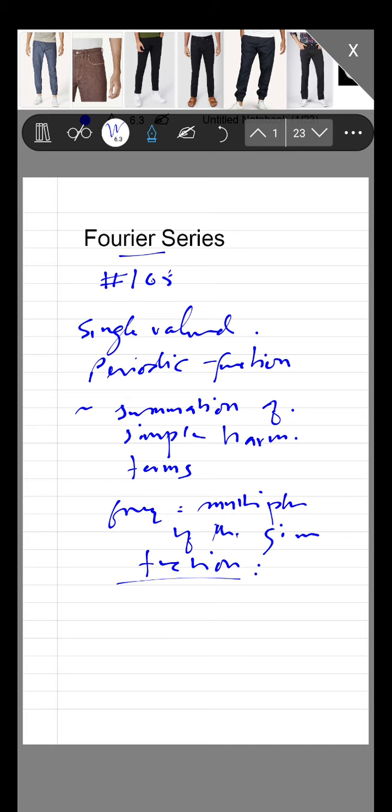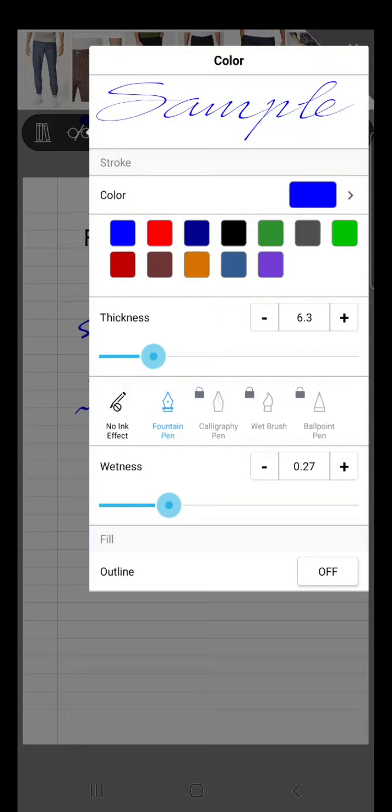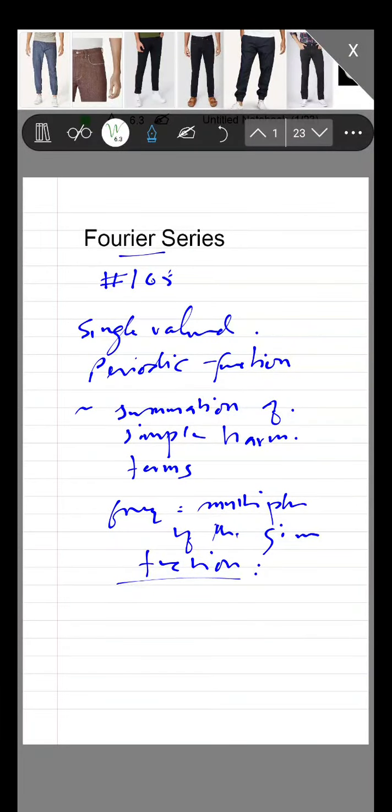So first of all, let's say that we have a function f(x), which is defined in the interval minus pi to pi, and it has the period 2 pi, that is f(x plus 2 pi) gives you back the function f(x).